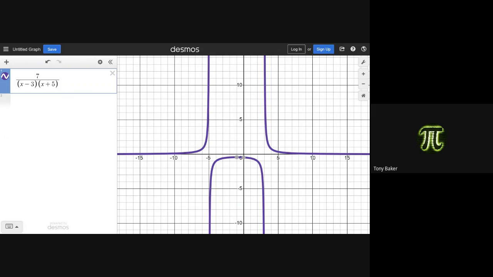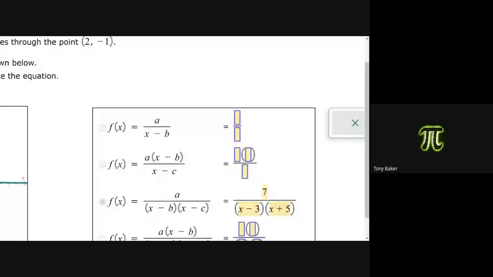So let's look at the first one here. When would this be true? When would this part be true? I have one vertical asymptote and no x-intercepts.